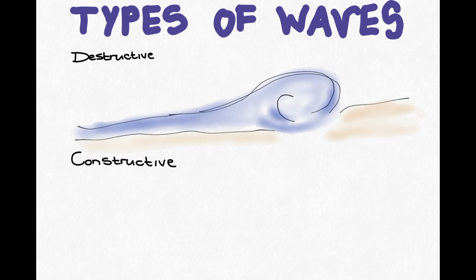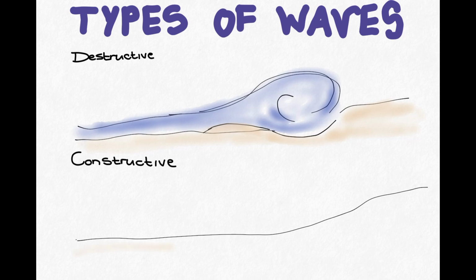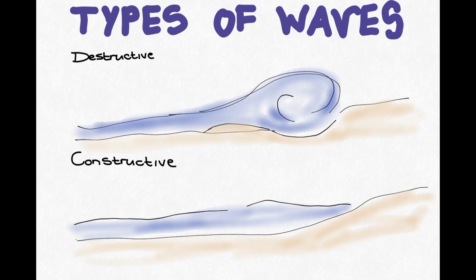So it will dig into the beach and then deposit the particulates elsewhere inside the ocean, digging away at the beach, creating a steeper gradient in the beach and destroying the beach. Now, a constructive wave has a longer wavelength and a lower height. It's a smaller wave and it builds up beaches. So it constructs the beach by depositing from the ocean. So it will pick up particles inside the ocean and then deposit them on the beach.